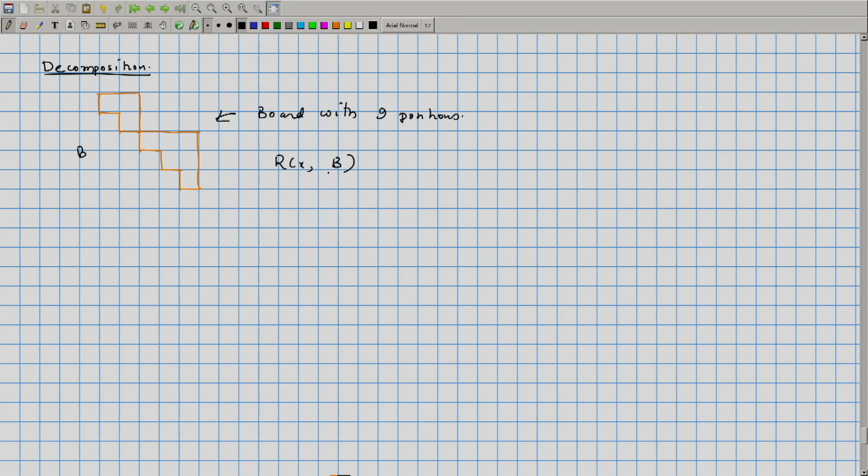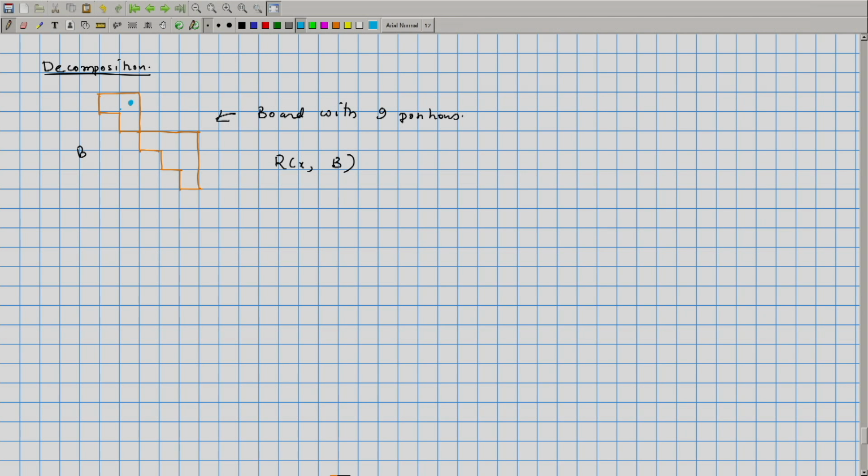Now, note that this board is in some sense peculiar. It naturally breaks into 2 parts. Okay. So, what does it mean to break into 2 parts or decompose? The formal definition is, it means that the board can be split into 2 boards such that rooks in one board do not attack the rooks in the other board.